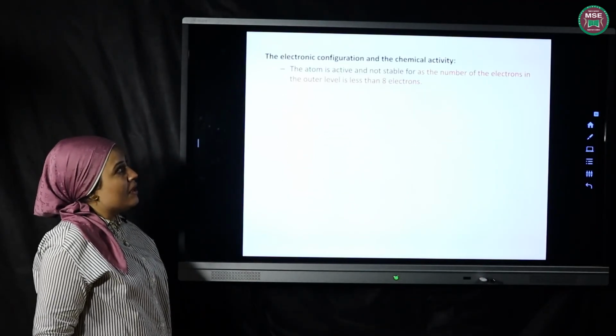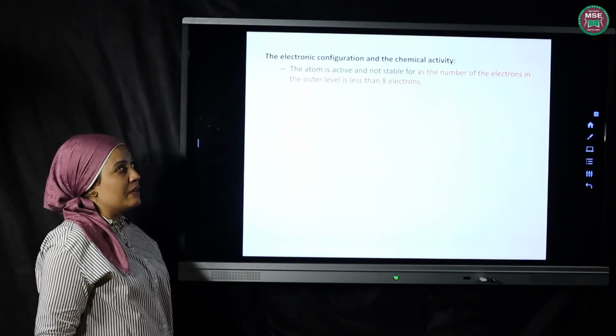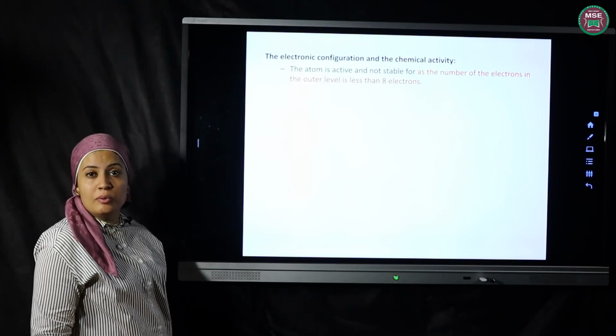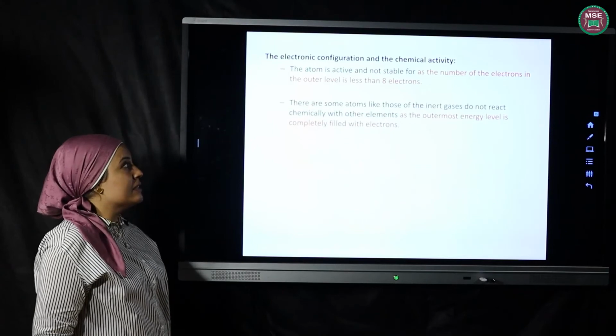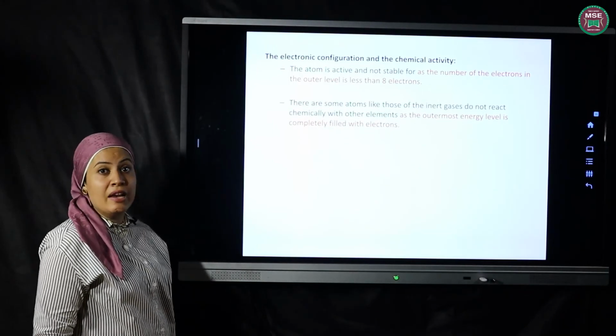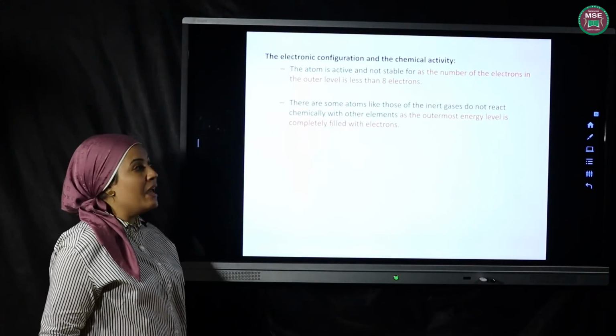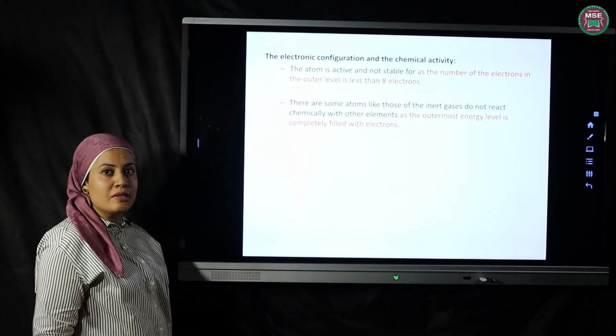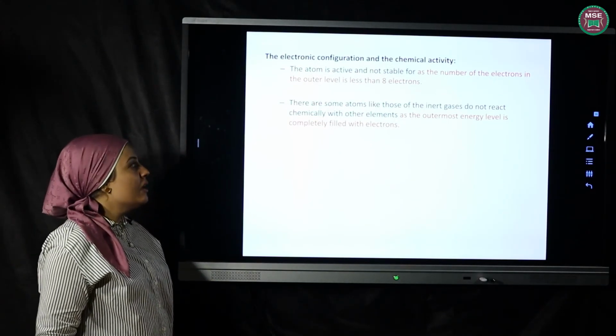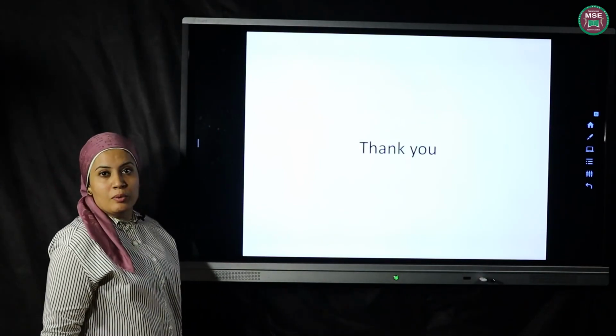So the atom is active and not stable if the number of electrons in the outermost energy level is less than 8, and the atom will be inert, a noble gas or inactive element, if the outermost energy level is completely filled with electrons. Thank you for listening.